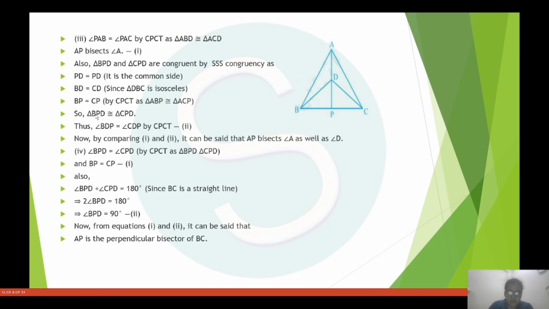So triangle BPD is congruent to CPD. So इसको congruent prove करके हम by CPCT we can say कि BDP and PDC जो है वो equal हो गया. अगर हम equal prove कर देते हैं तो ये proof हो जाएगा कि AP bisect angle D. So हमने ये दोनों पार्ट्स प्रूव कर दिए कि AP bisect A and AP bisect D.